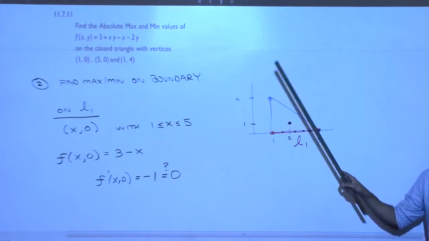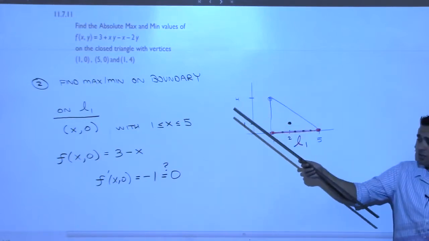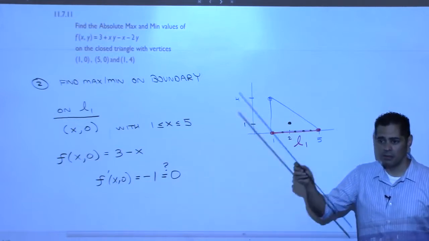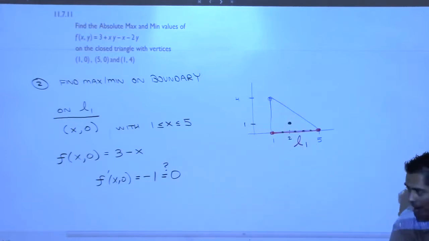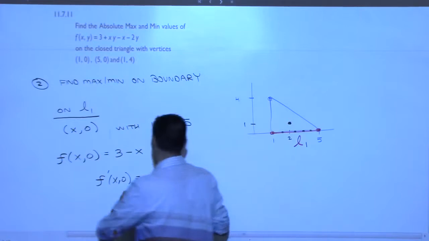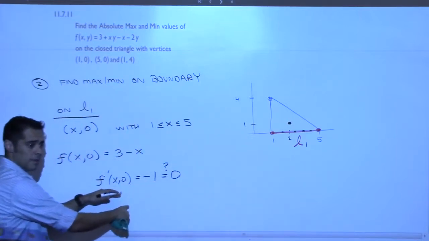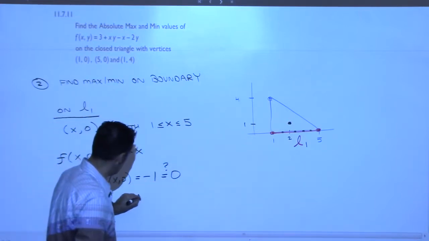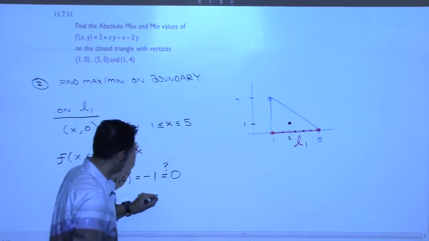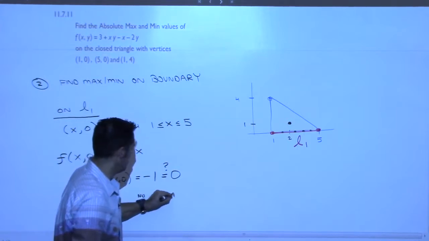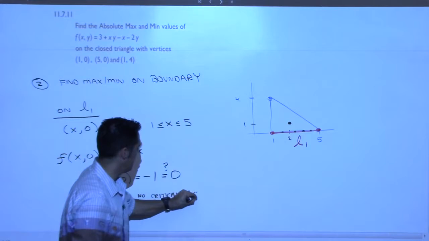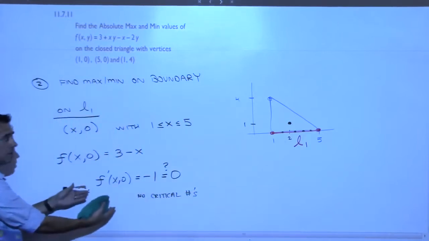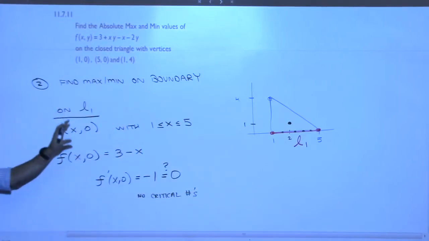Well, the derivative is the slope of that line, and the slope is -1. So we have no critical points, do we? We have no critical numbers from this particular incident of moving along L1.